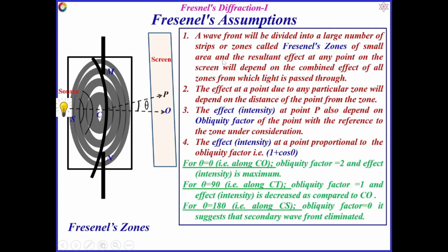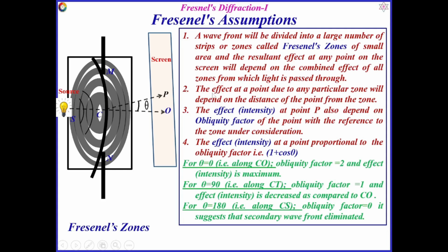So with a large number of zones, the resultant effect at any point on the screen, that may be O, that may be P, that may be any point on the screen, will depend on the combined effect of all zones, that we have to consider. Whenever we calculate the effect or resultant intensity at a point on the screen, we have to consider all the zones through which light will be passed.